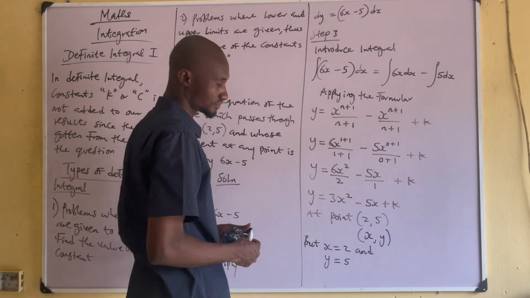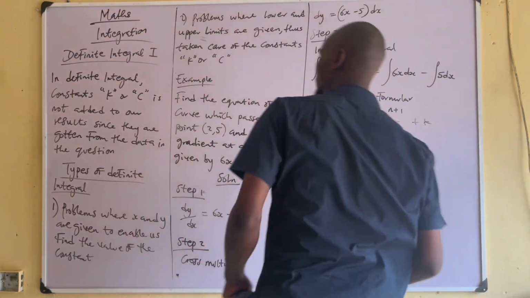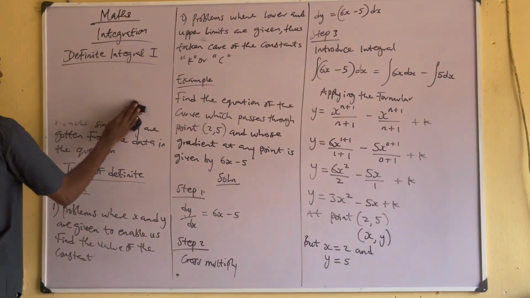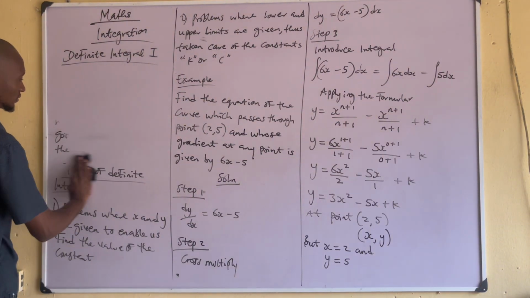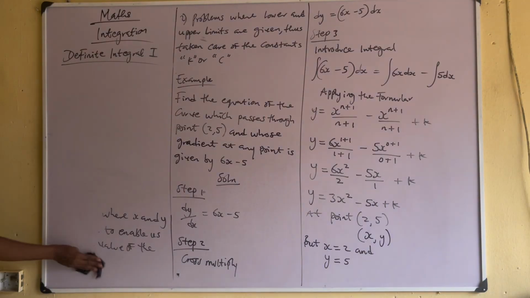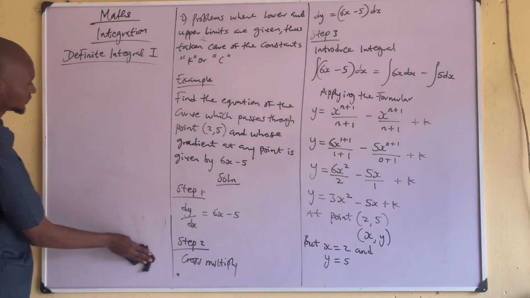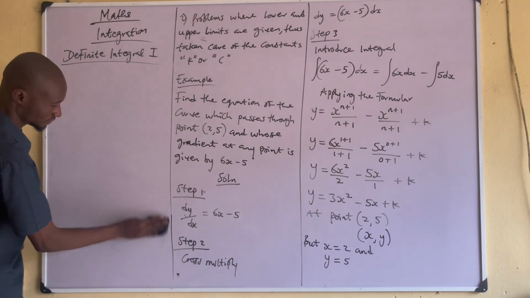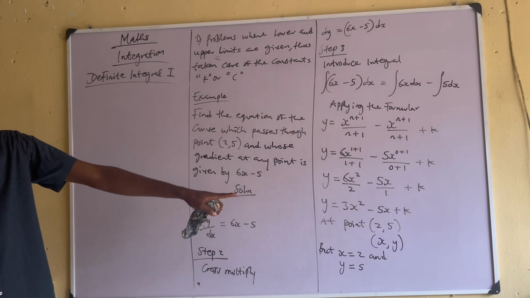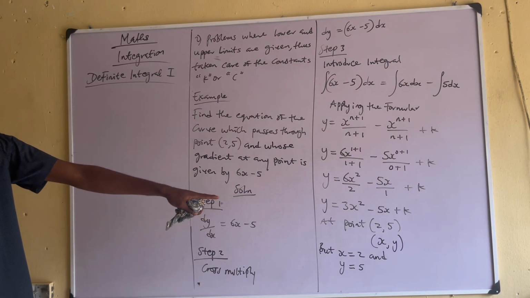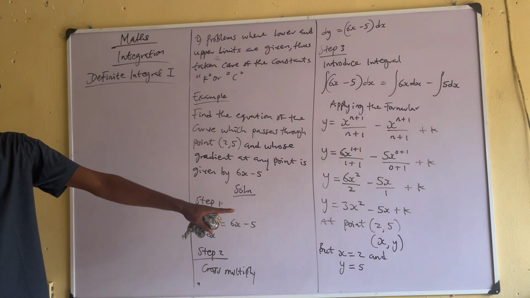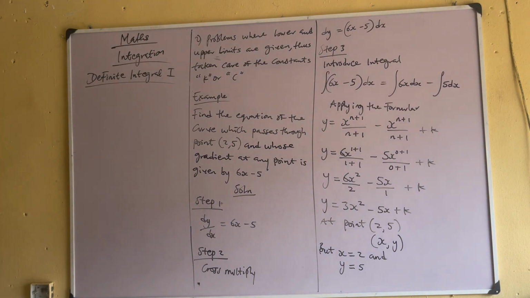Is that correct? Good. So look up here at point 2, 5. That is x is 2 and y is what? 5. That's why I said x is equal to 2 and y is equal to 5. So what do you do?